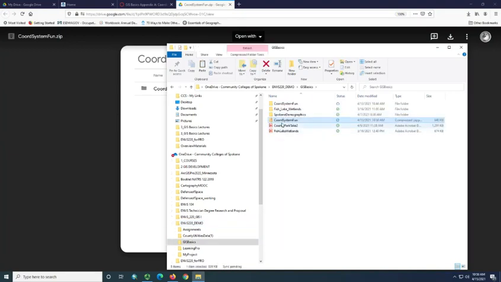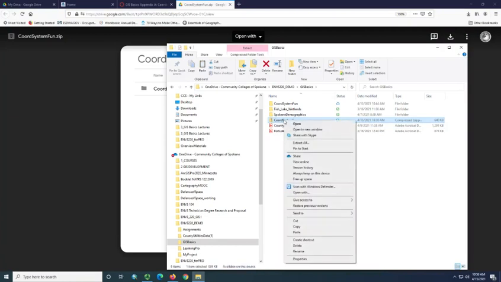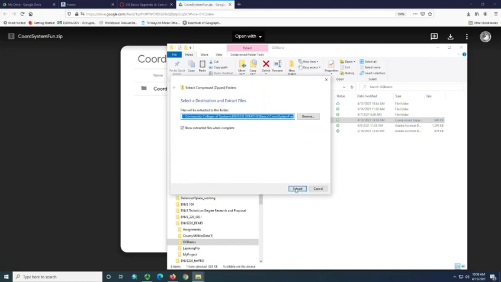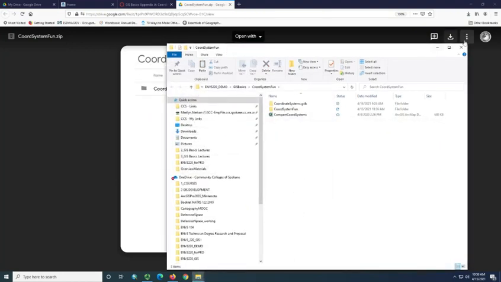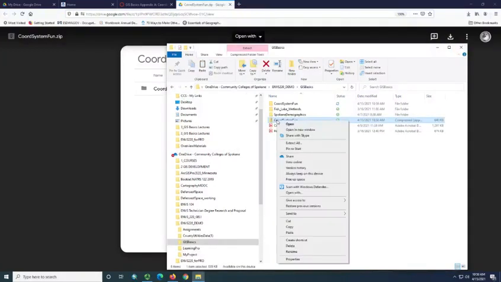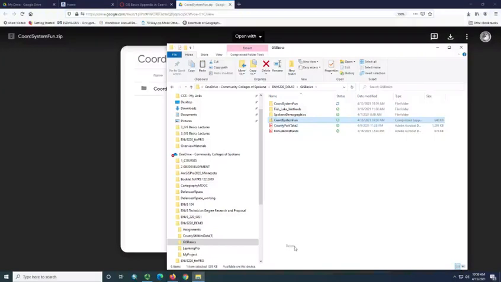Paste it here. And then in order for GIS to see it, I've got to extract it, get it unzipped there. And once it's successfully unzipped, I can delete it there. Okay, so now I've got the stuff that I need.